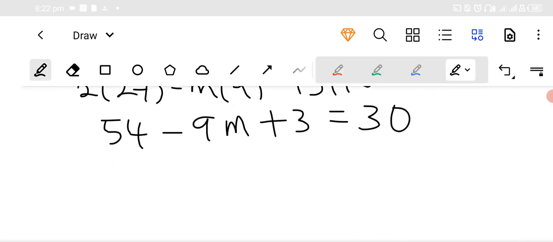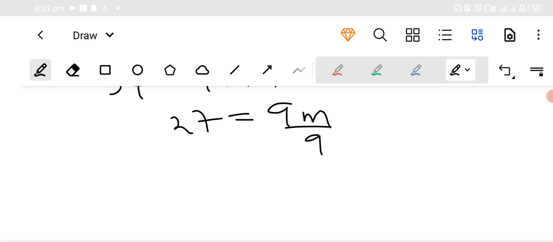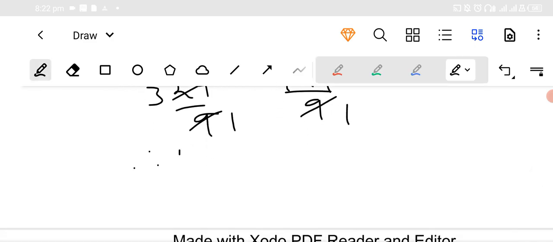Everything comes to this side, so let's compute this. 54 plus 3, then minus 30 is 27. So we're going to have 27 on this side of the equation equal to 9m. Divided by 9, divided by 9, 9 goes into itself 1, and 27 divided by 9 is 3. Therefore, m is equal to 3.